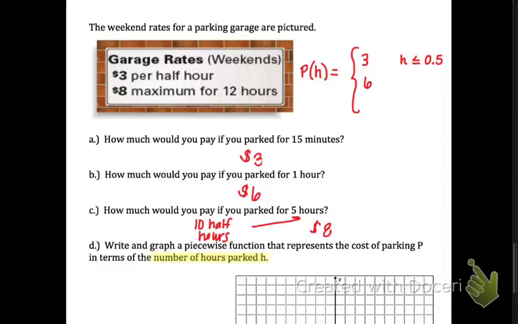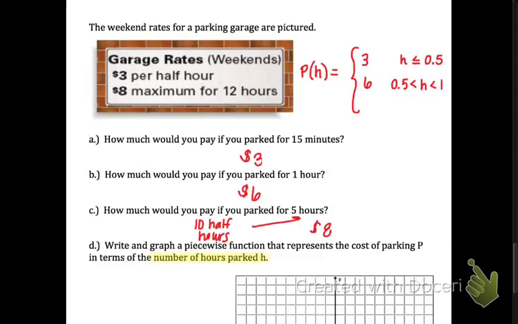If I did more than a whole hour, if I went up another half an hour, that would take me to 9, which is too much. I'm not ever going to have to pay $9. So, that's why we know that it's 6. And that's going to be for H values that are between 0.5 and 1.